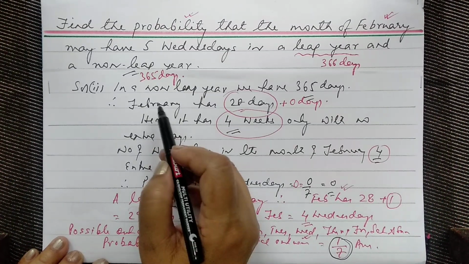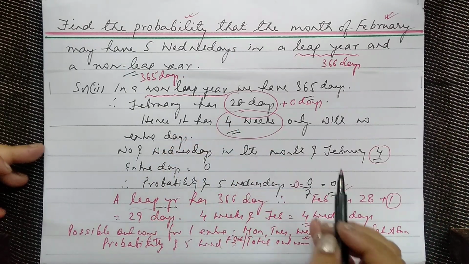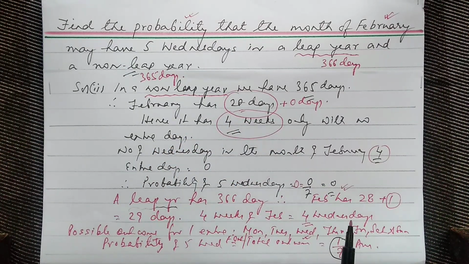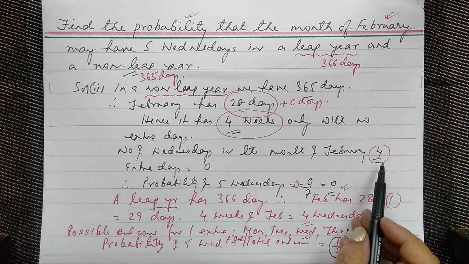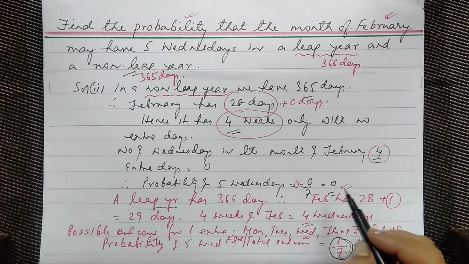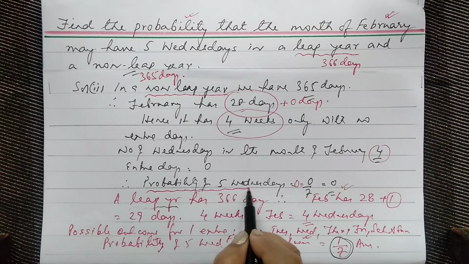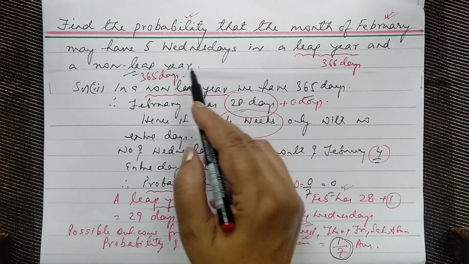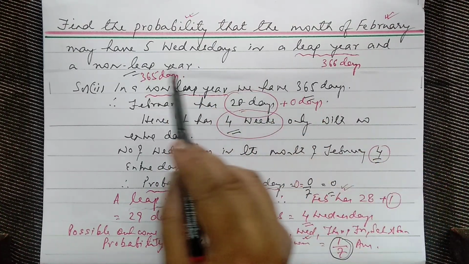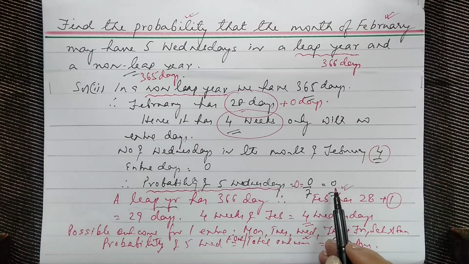And for a non-leap year, since it has got 28 days in the month of February, 4 weeks, only 0 extra days. So there is a possibility for only 4. So beyond 4 we can't think of, hence the probability of 5 Wednesdays in this year, which is a non-leap year, is 0.